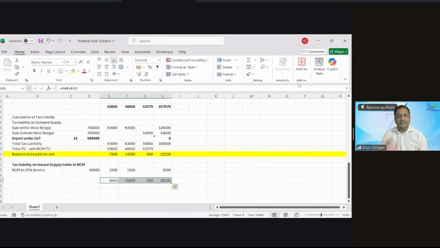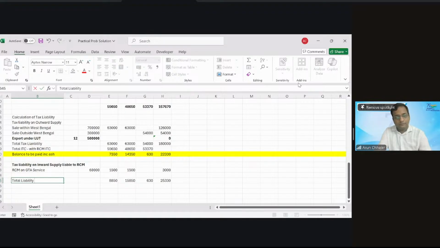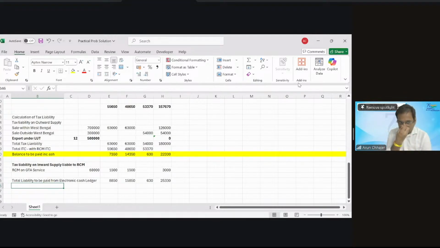So this is my final answer. Now the question is being completed. You can specify the provision of section 49, subsection 5 A B, that rule, for offsetting the liability. That's it.